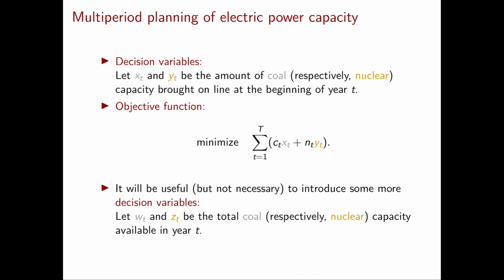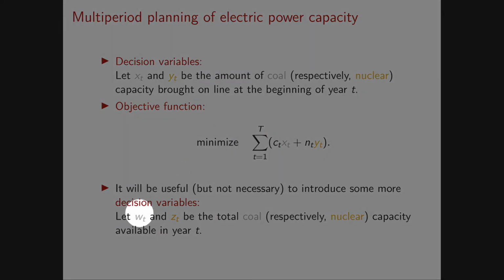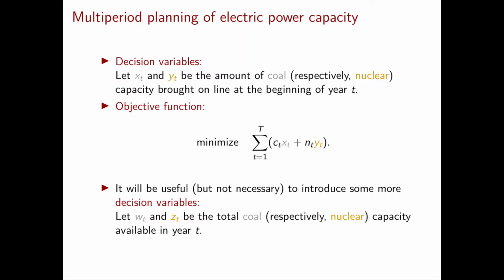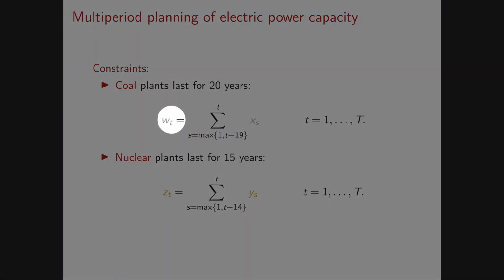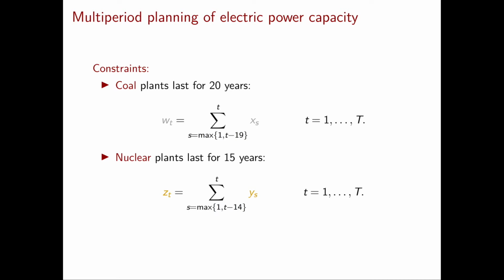So my additional decision variables are Wt and Zt, and they represent the total coal and nuclear capacity available in the year t. Our first constraints then will be the ones that link our new additional variables with the original variables.